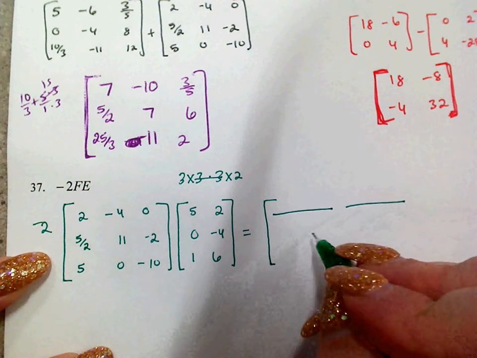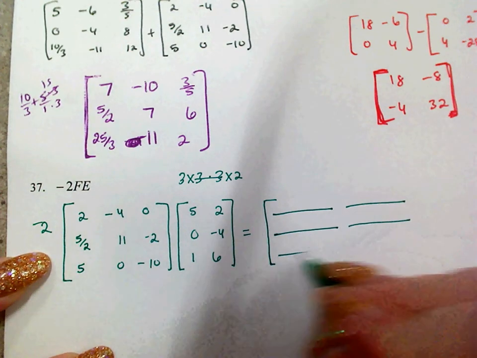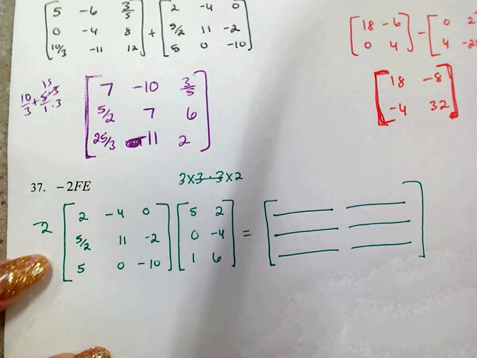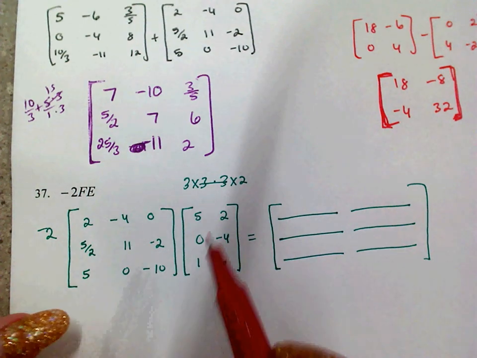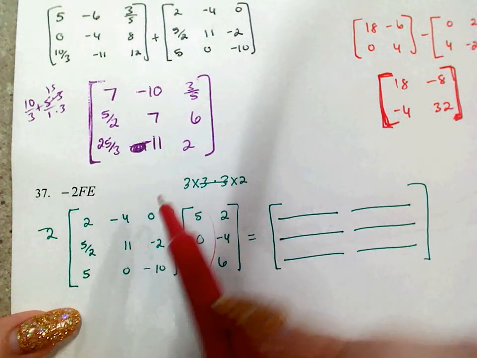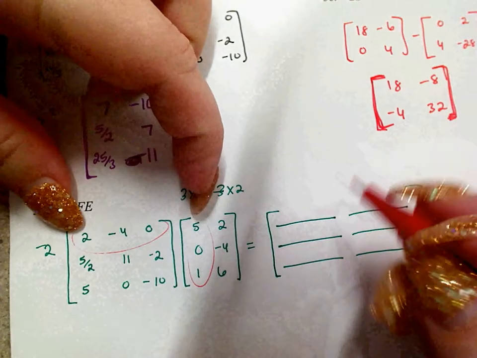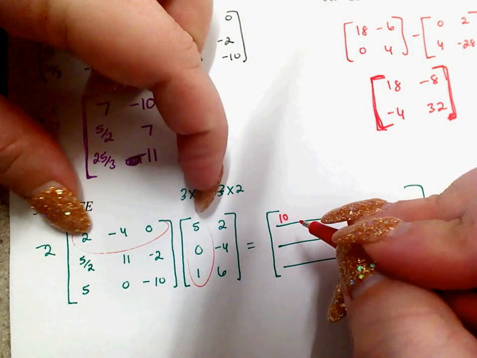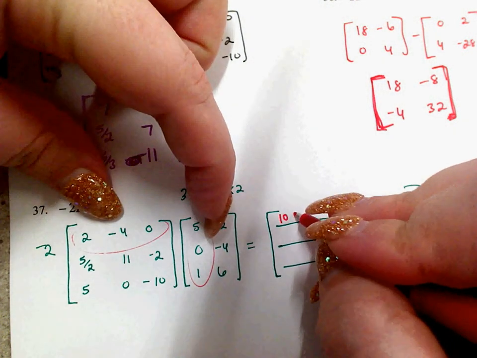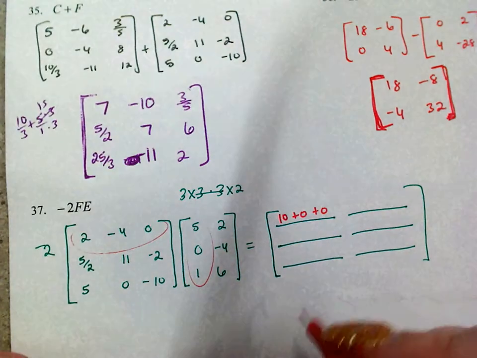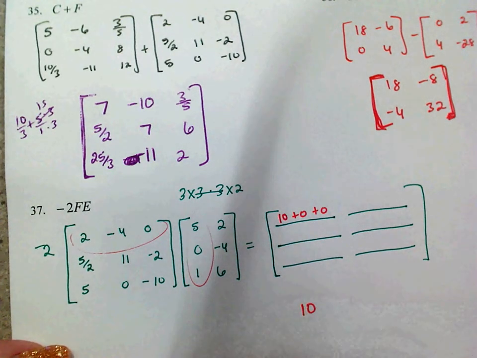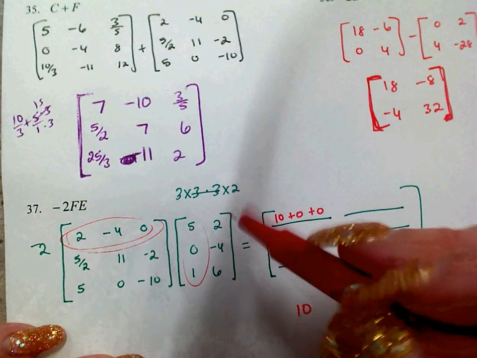Okay. So let's fill it in as we go. Row by column. 2 times 5 is 10. Negative 4 times 0 is 0. And then we're adding all these, and then 0 plus 1 is 0. So the first answer is going to be 10, first row, first column. And then we're going to have times negative 2.